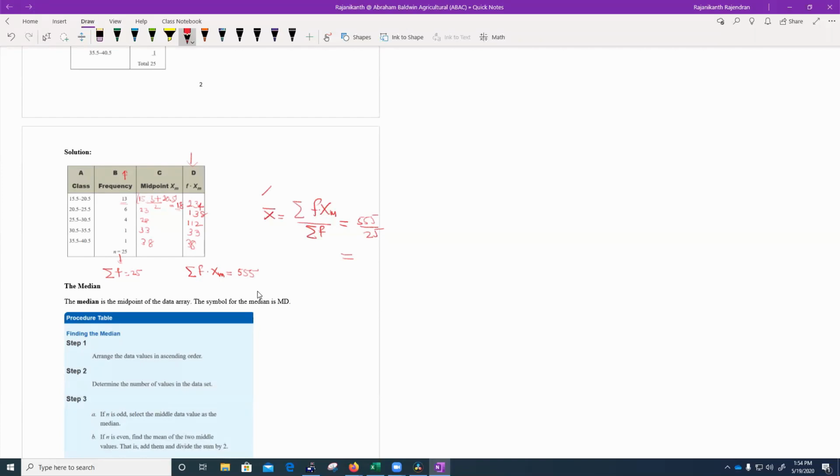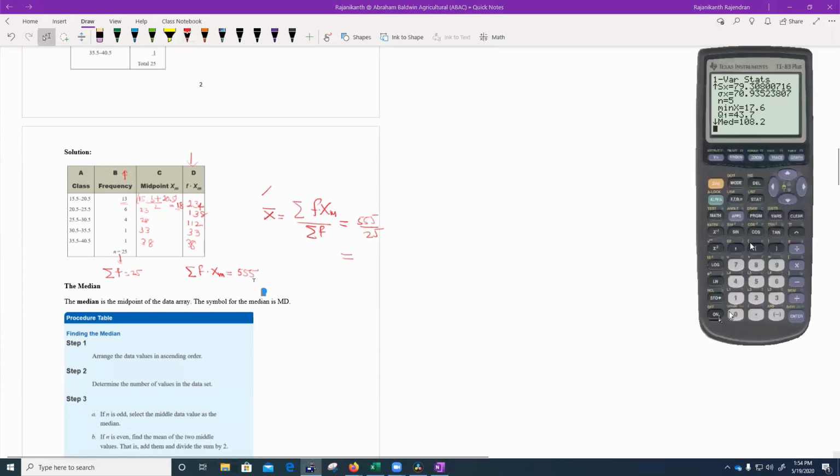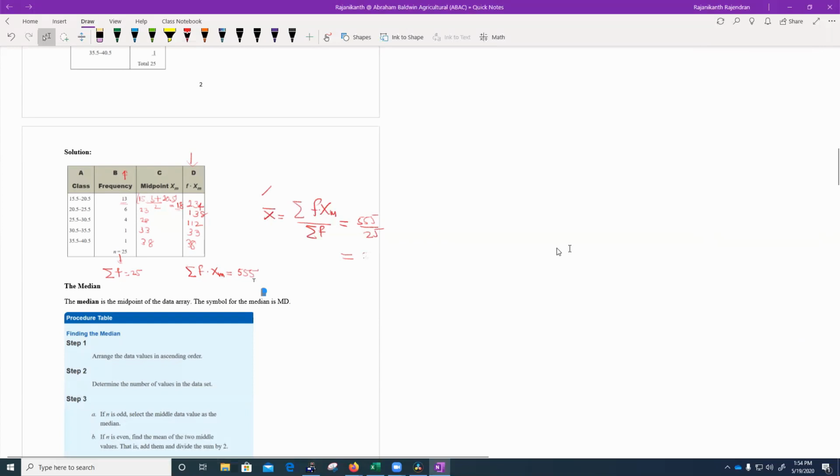So my original data values are whole numbers, therefore my x bar should be a 1 decimal place answer. If you want, you could use the calculator: 555 divided by 25 is 22.2.